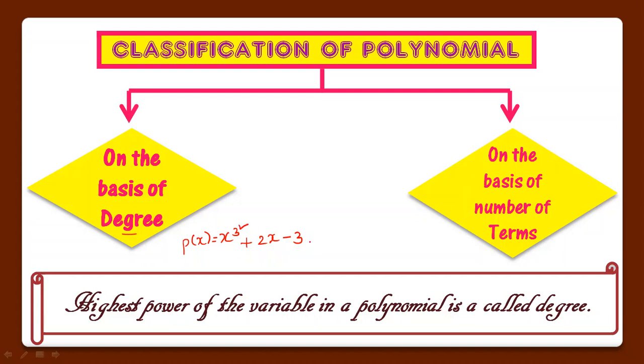So the degree of the entire polynomial will be 3. If I take a polynomial in terms of y, I write here y plus 1. So what is the degree of the polynomial? 1, because here the power of y is 1. So in this way degree is considered.